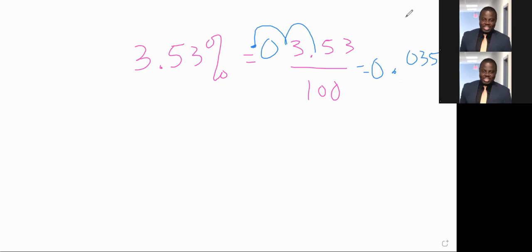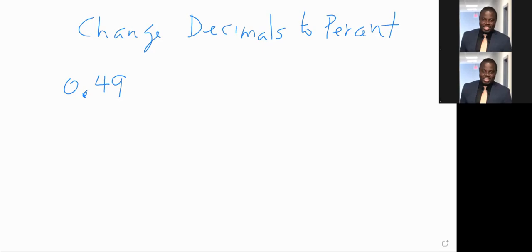Okay, what about changing from decimal to percent? Let's look at that. This is changing from decimals to percent. We've got 0.49.